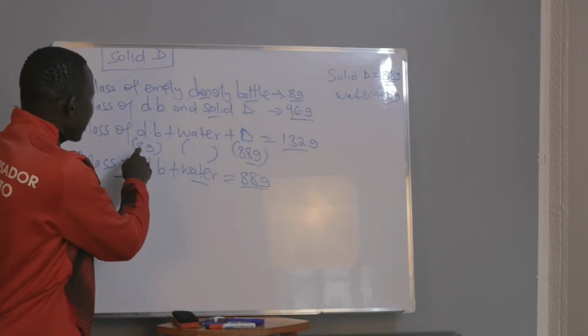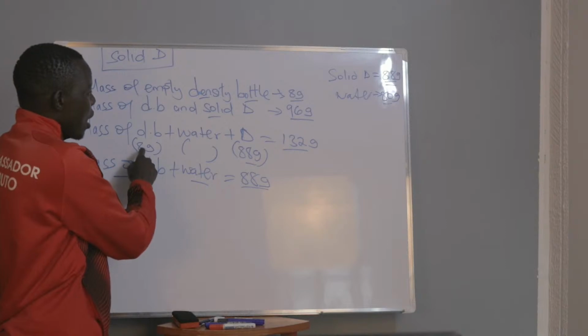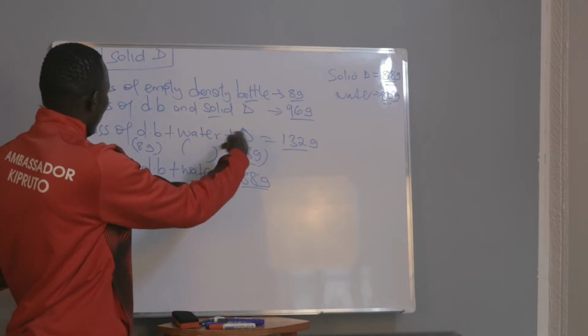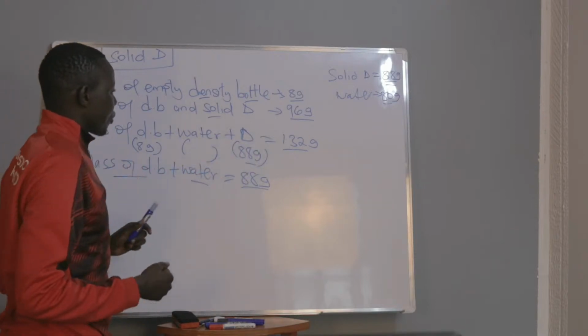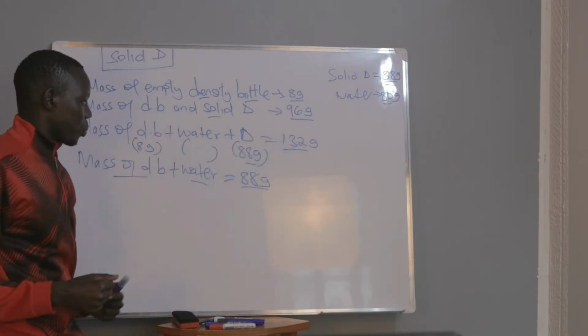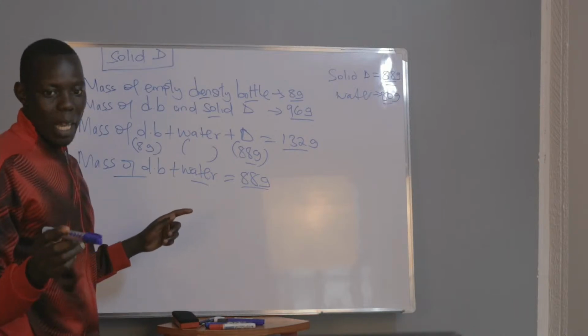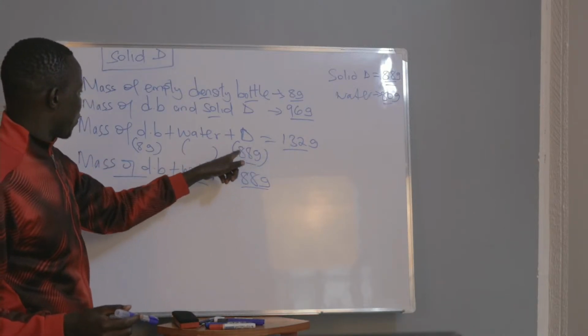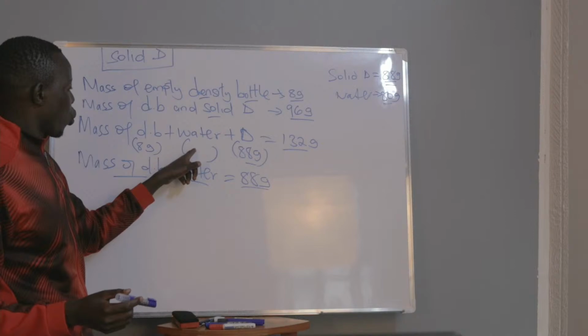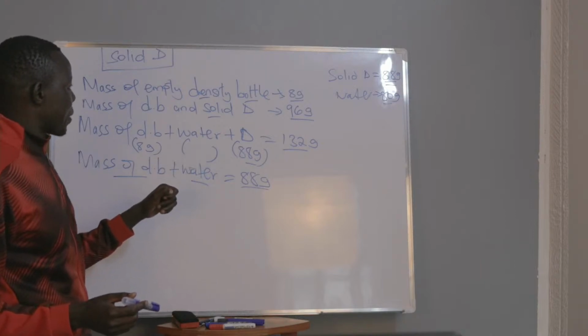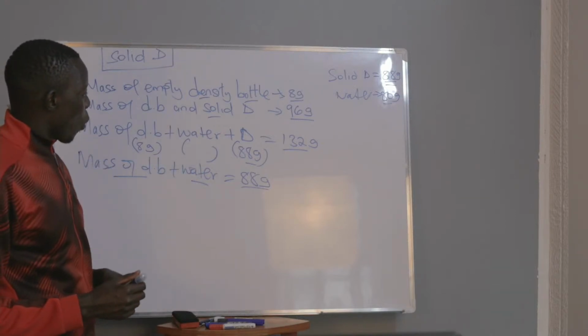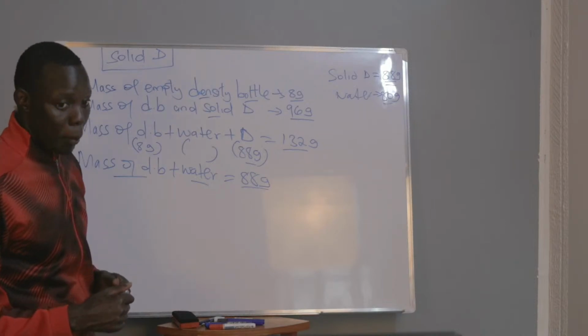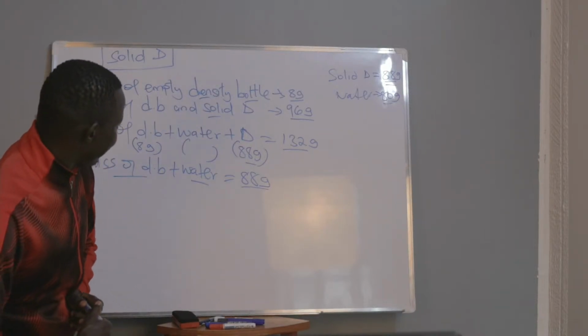Now, in order to get this, let me do it by saying 1 minus 88 plus 8, let's see what it gives us. 1 minus 96. 96.